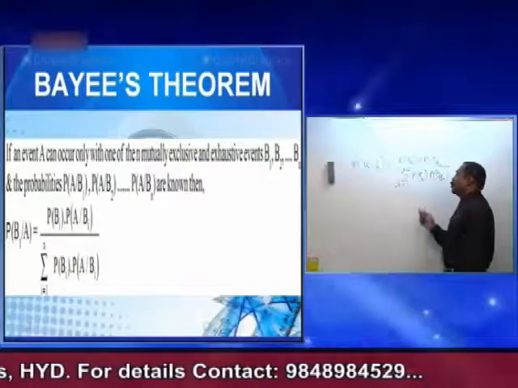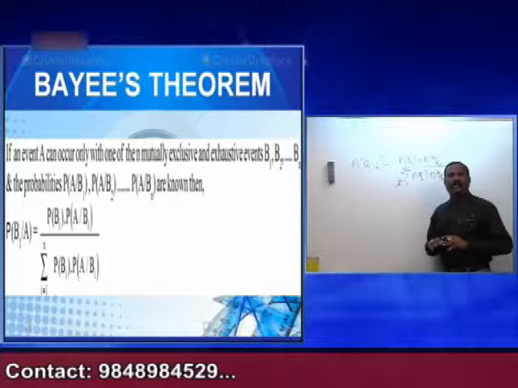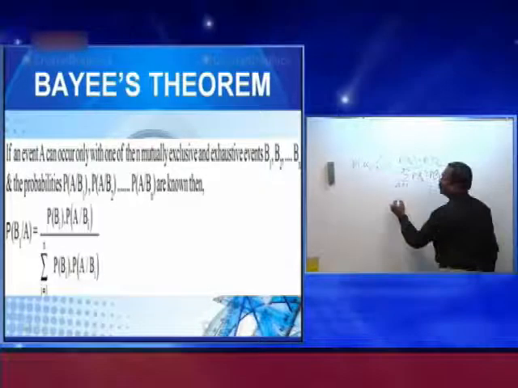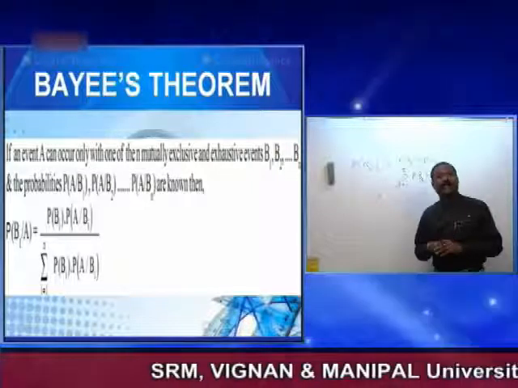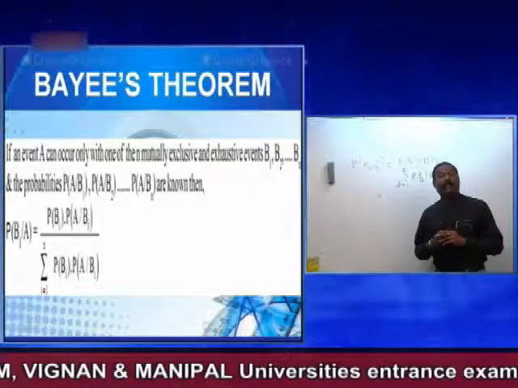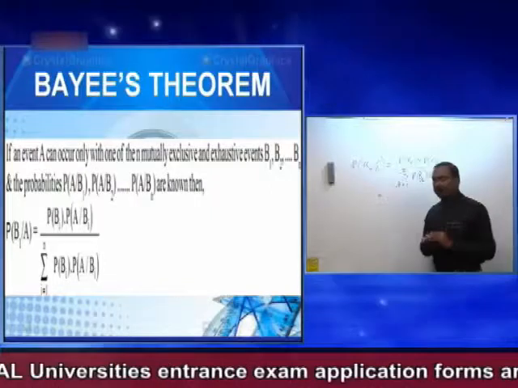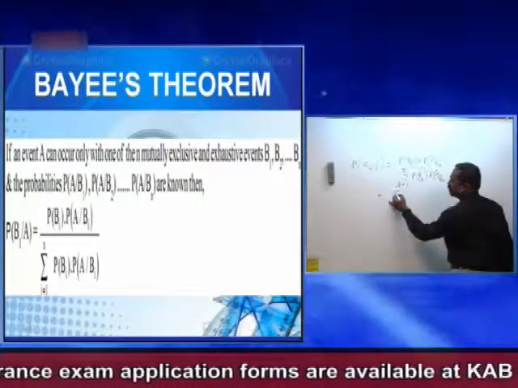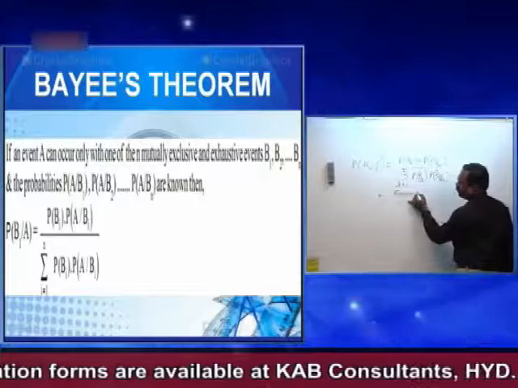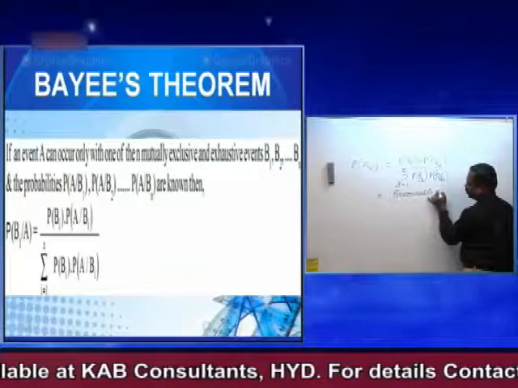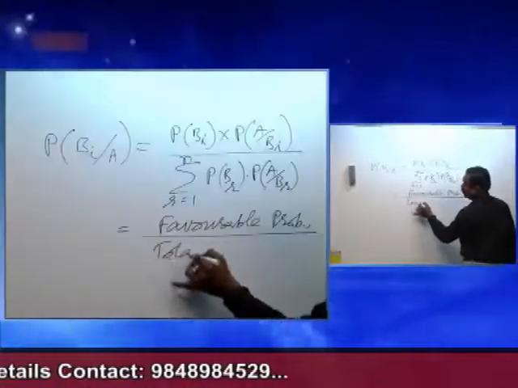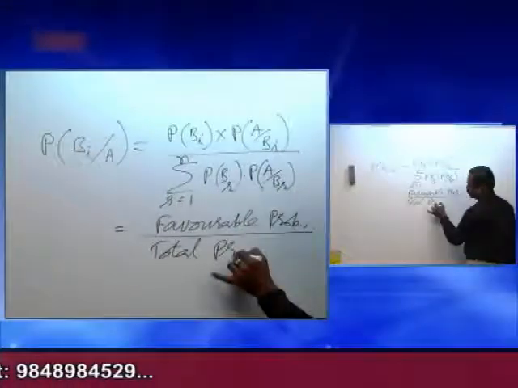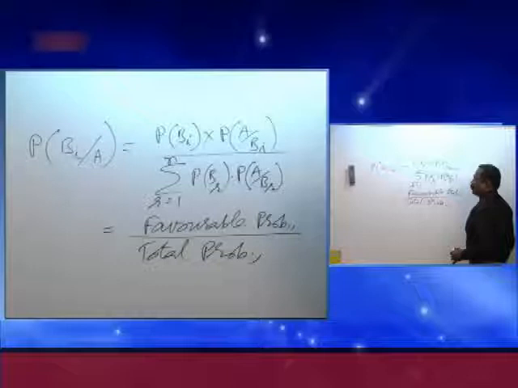So how do you understand it? Simple. Keep the formula aside. The classical definition of probability is the number of favorable outcomes divided by the total number of outcomes. In this case, it is very simple: favorable probability upon total probability. What is the difference now?